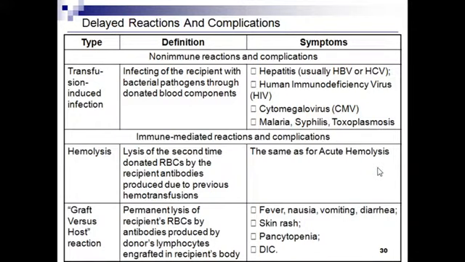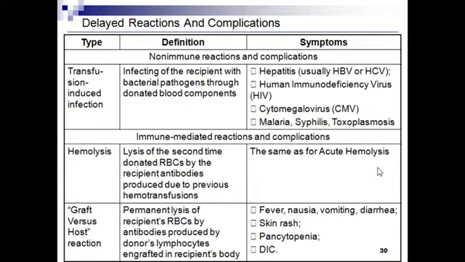The recipient can be infected with hepatitis, usually blood-transmitted variants, hepatitis B or hepatitis C, with human immunodeficiency virus, HIV infection, with cytomegalovirus, with malaria, syphilis or toxoplasmosis, due to mistakes in blood transfusion services.